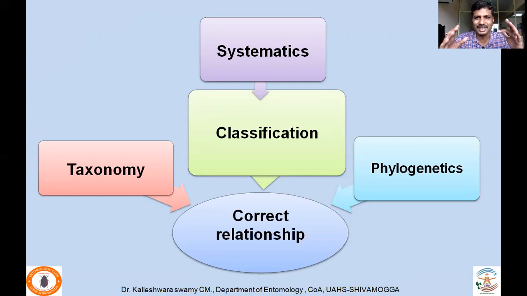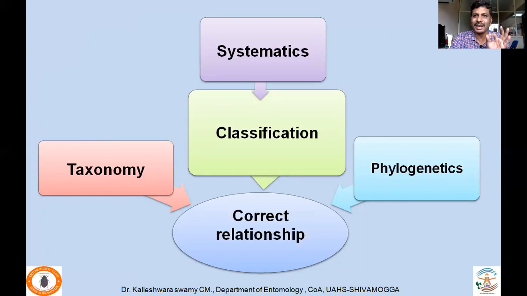So systematics is now placed at the top of this picture. So systematics includes classification, arranging whatever kinds and diversities of organisms are there based on some methodology, some guidelines, some principles, which is actually the taxonomy, but by following the phylogenetics. Correct? The phylogenetic relationship is used, common ancestry is used, so that whatever classification we make is natural.